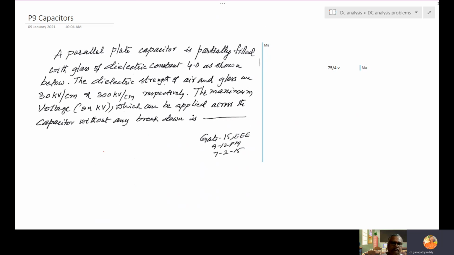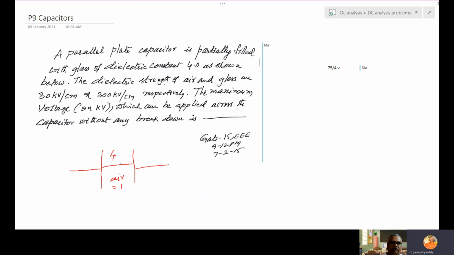So what is the circuit given? A parallel plate capacitor is partially filled with a glass dielectric. So this is 4 and this is air.